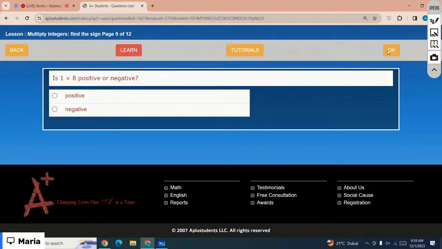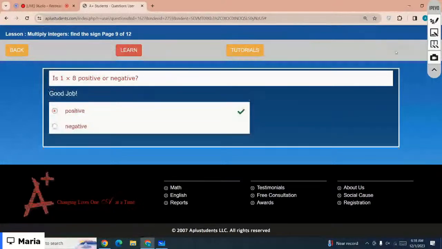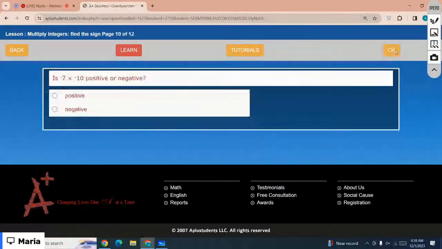Yes, it is positive. Is negative 7 times negative 10 positive or negative? The correct option is positive. Very good.